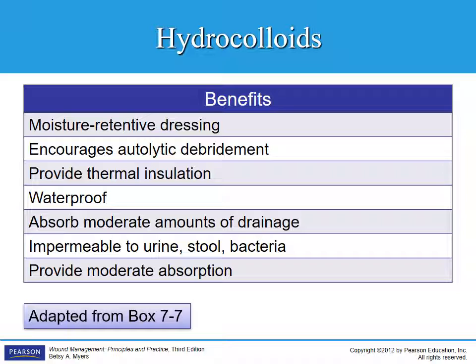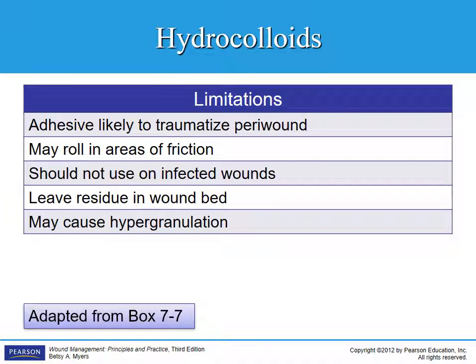Benefits: moisture retentive, autolytic, thermal insulation, waterproof, it absorbs moderate amounts of drainage, it's impermeable to urine, stool, and bacteria, and it provides moderate absorption. Limitations: it may traumatize the peri-wound because, again, it's absorbing fluids. It may roll in areas of friction, and you shouldn't use it on infected wounds.